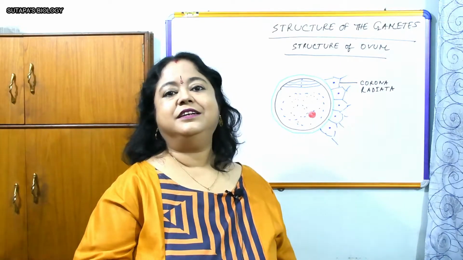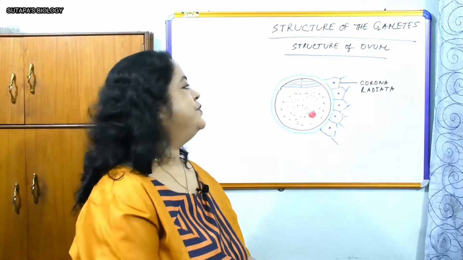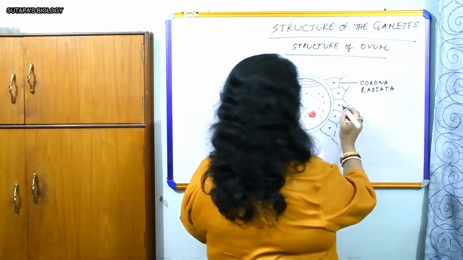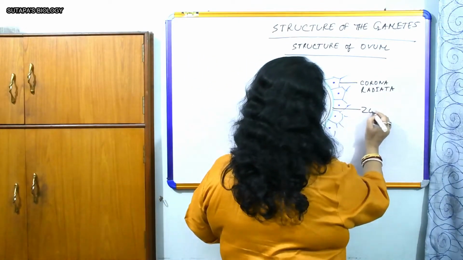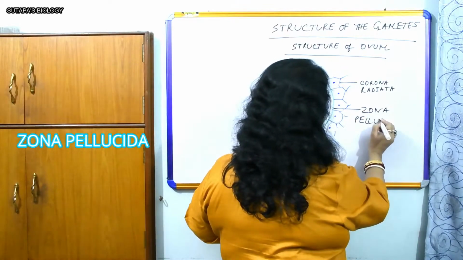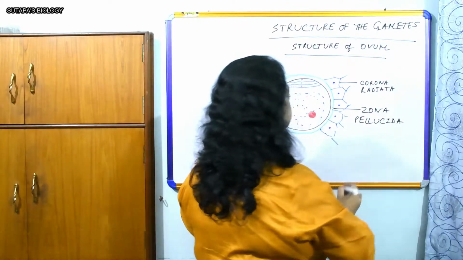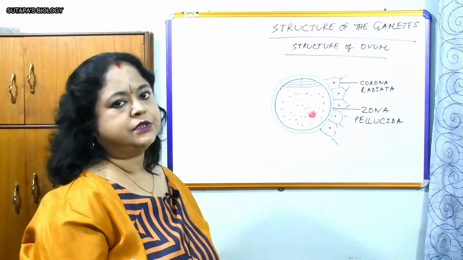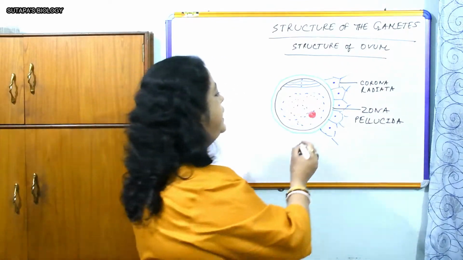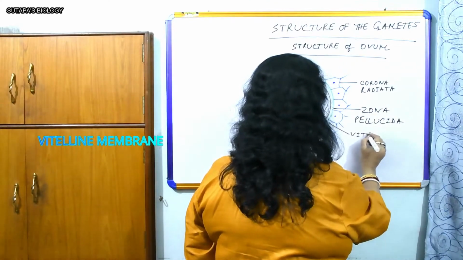You just think, sometimes more than NEET, isn't it? So this is the corona radiata, and after that the next layer is the zona pellucida. This layer has a very important role in implantation. When I give the video on implantation, I shall tell you about the role of the zona pellucida. And after that is the vitelline membrane.